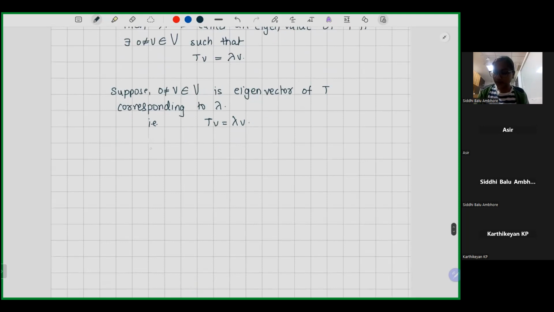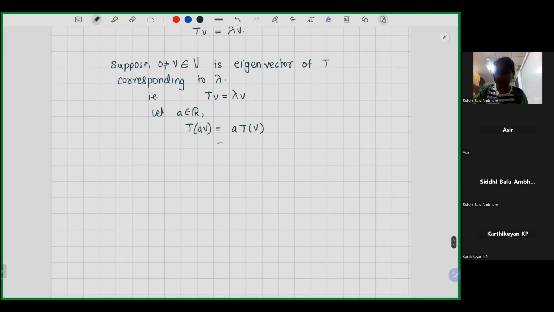Let a belong to R, since we are considering this vector space over R, with a non-zero. Then T of av is a times Tv because T is linear, and this is a times lambda v, which by properties of vector spaces is lambda times av. So T of av is equal to lambda av.